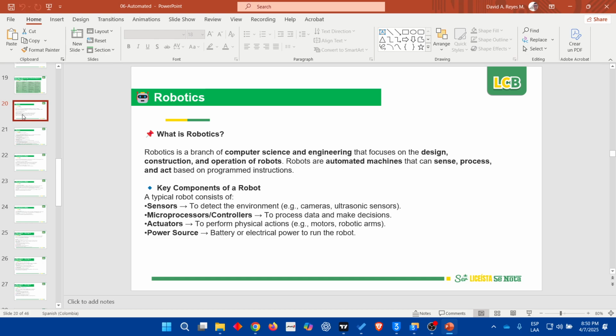The key components of robots. A typical robot consists of sensors, obviously, to detect the environment, microprocessors and controllers to process the information and make decisions, actuators to perform physical actions, and a power source, obviously, because you need energy to turn your robot on.